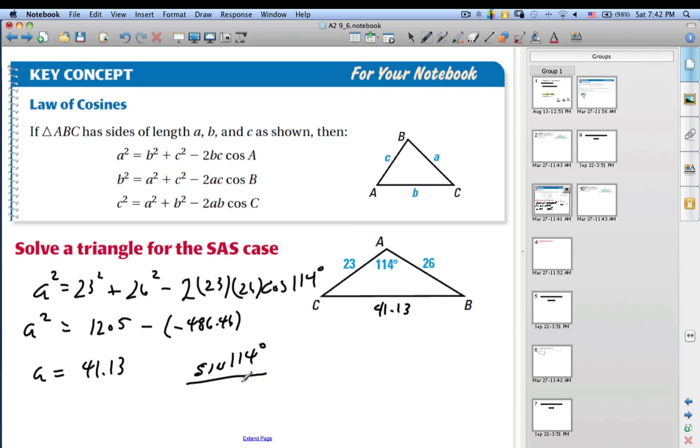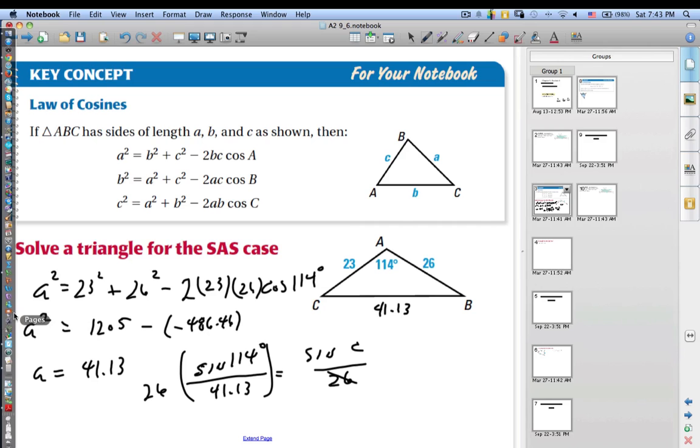Sine of 114 degrees divided by 41.13 will be equal to sine of angle C divided by 26. So I'll multiply both sides of this equation by 26, and that will be equal to the sine of c. Then I'll be able to use the inverse sine function to find what c is.